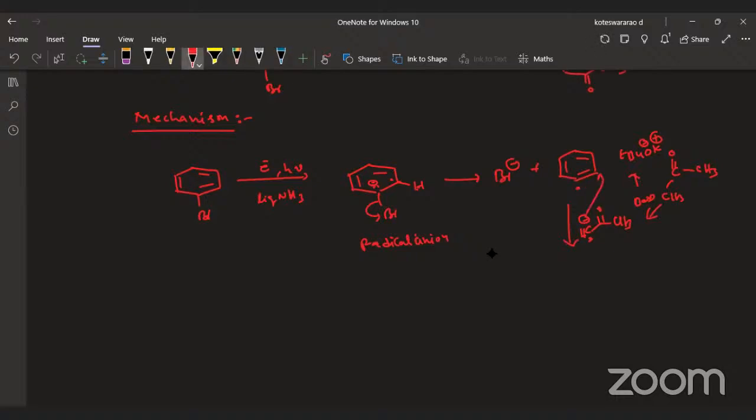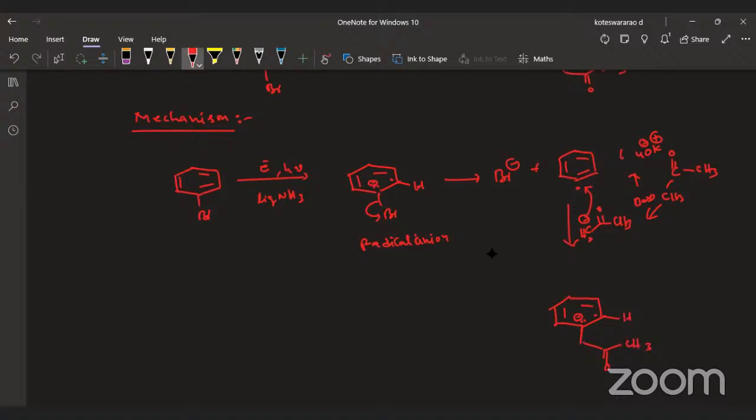It will be substituted. Then it leads to the formation of the anion radical again. As the literature shows, the attack is at this position, and the radical is here.